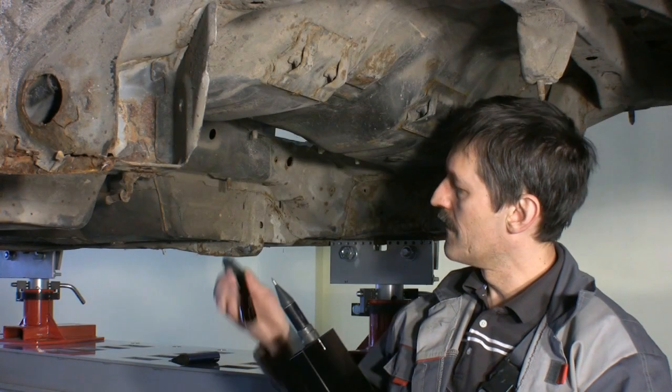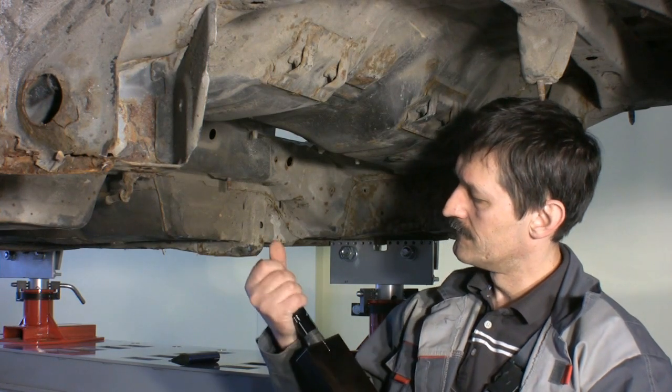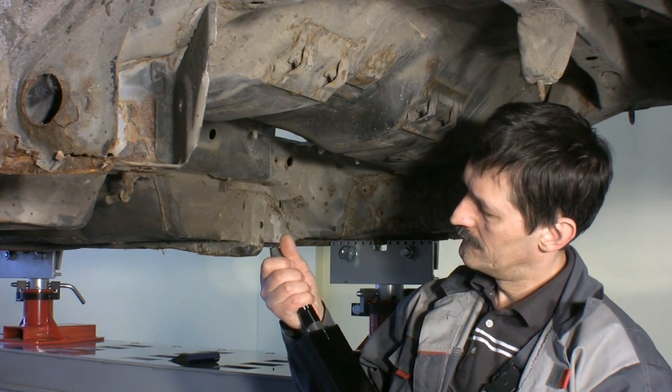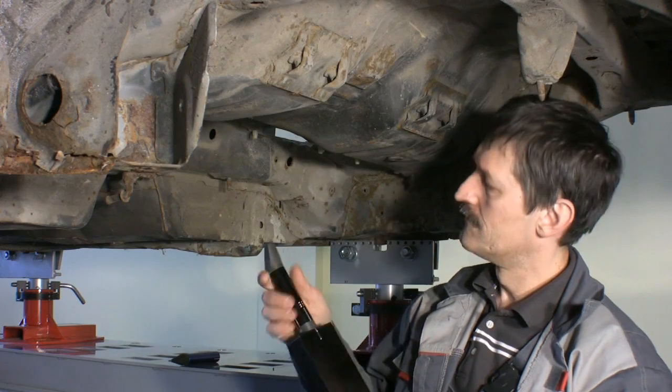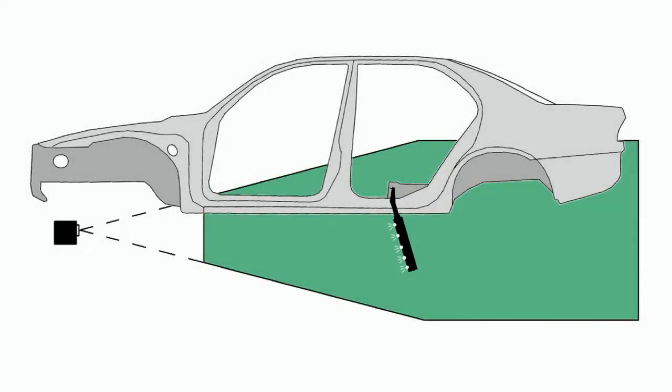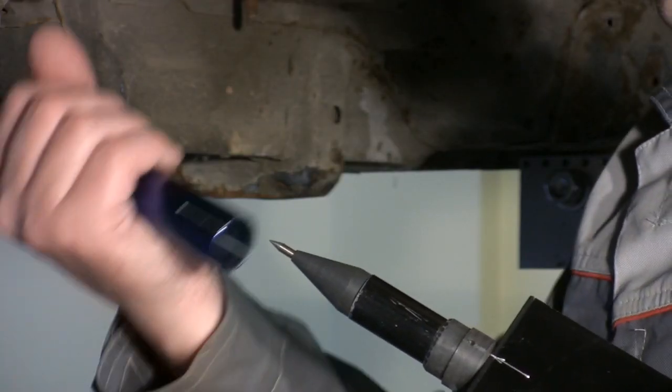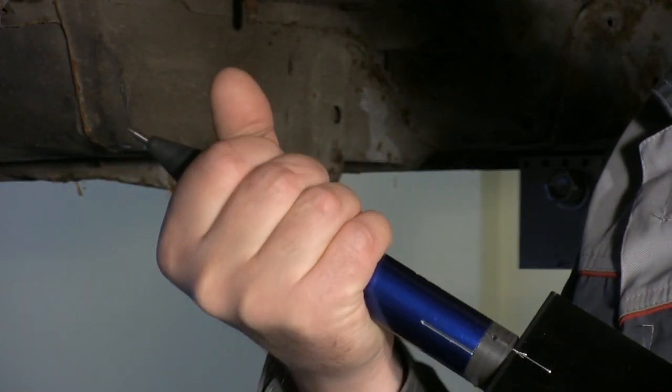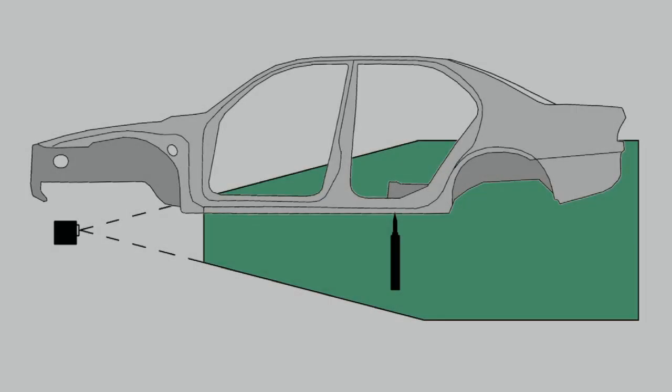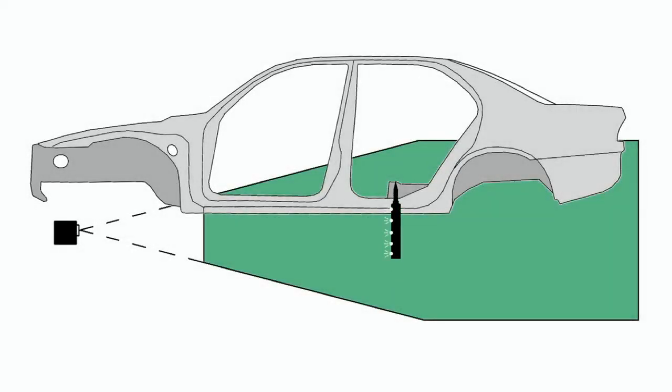For measuring points on the vertical surface, we will use the lateral probe. And in this one, we need to use the extra long probe. Otherwise, some of the LED lights will be out of the camera's field of view.